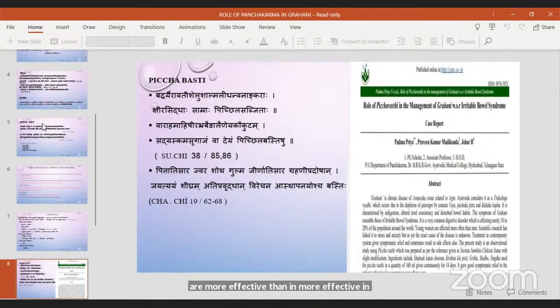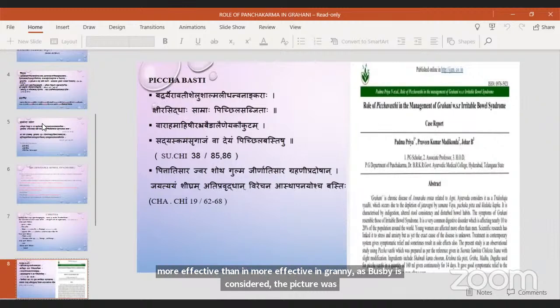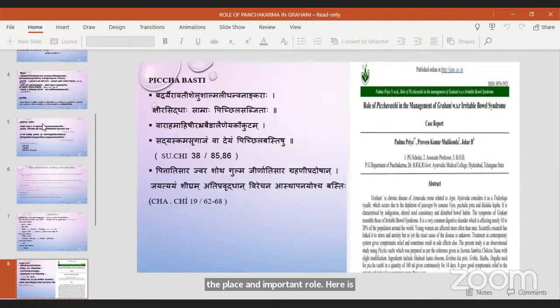The Picha Basti plays an important role. Here is an article on the role of Picha Basti in management of Grahani with respect to irritable bowel syndrome. Here 160 ml of Picha Basti was given for 14 days, and dravyas like Shalmali Niryasa, Krishna Tilapishti, Ghrita, Madhu and Dugdha were used.